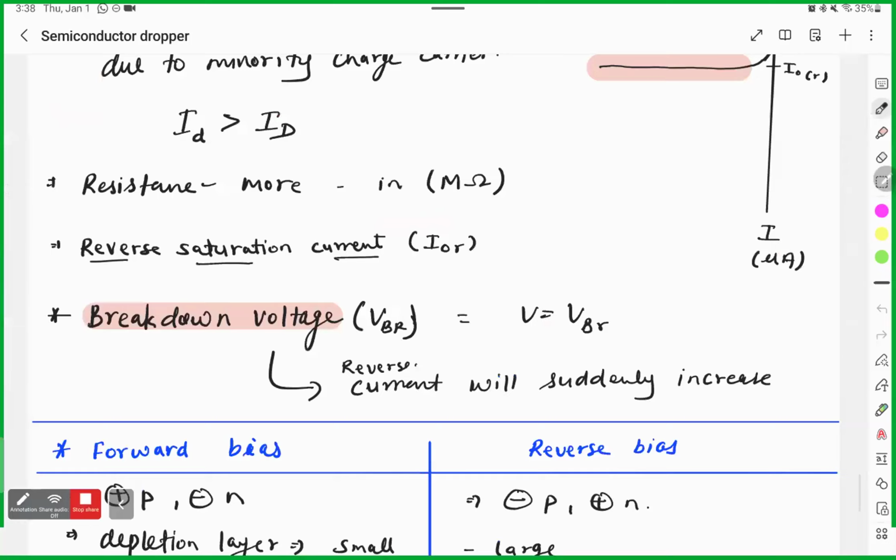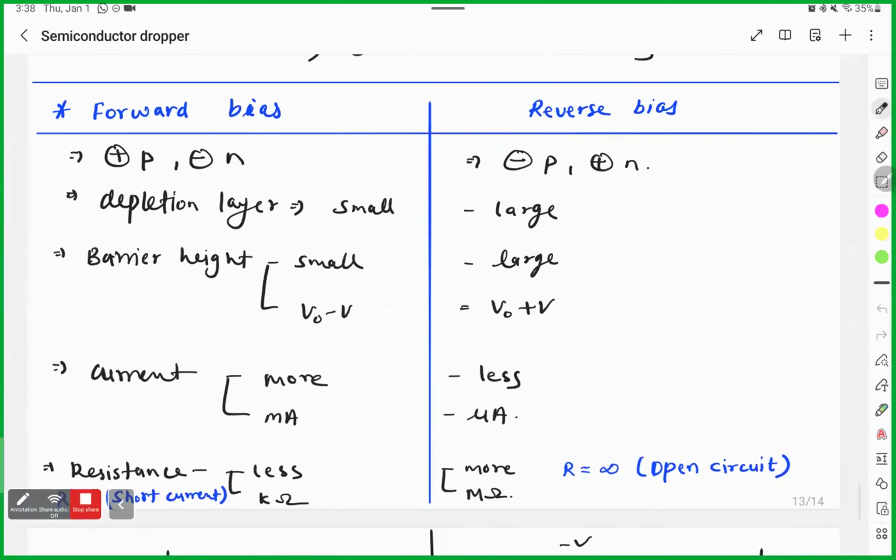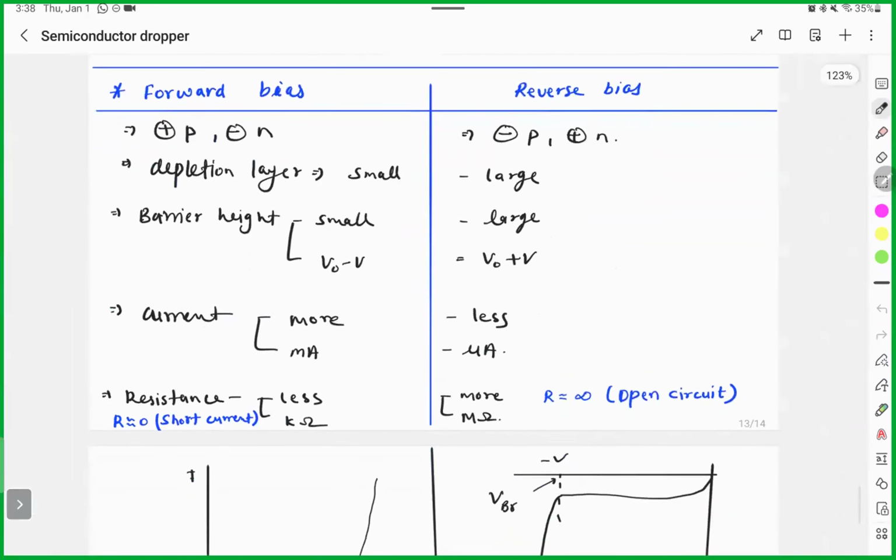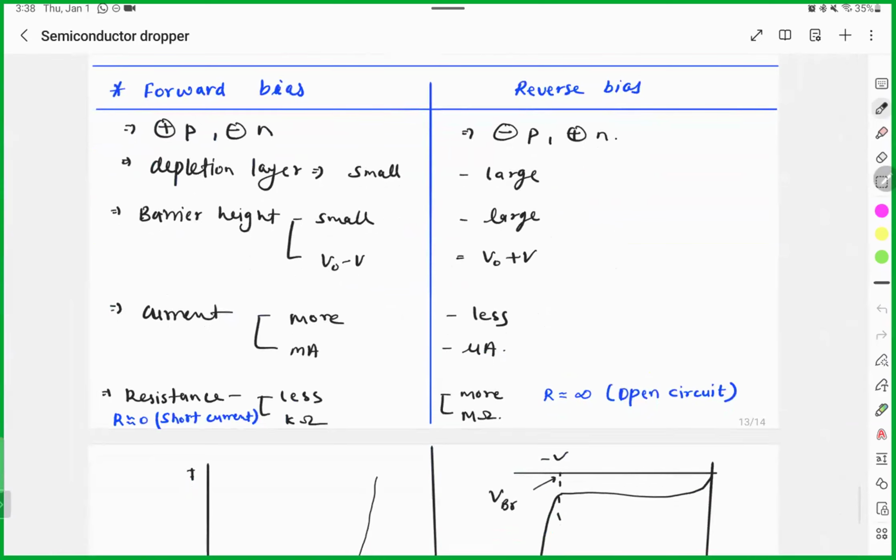See this. These are the differences between forward bias and reverse bias. In forward bias, P is connected with positive and N connected with negative, opposite in reverse. In forward bias, the depletion layer is small, reverse large. In forward bias, the barrier height is small, like the depletion layer width, basically the same thing.